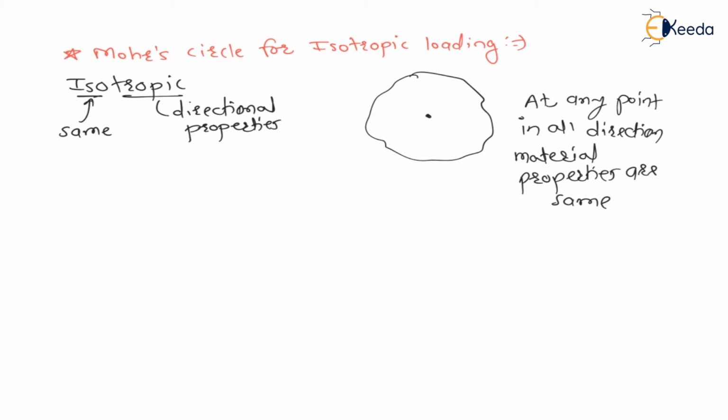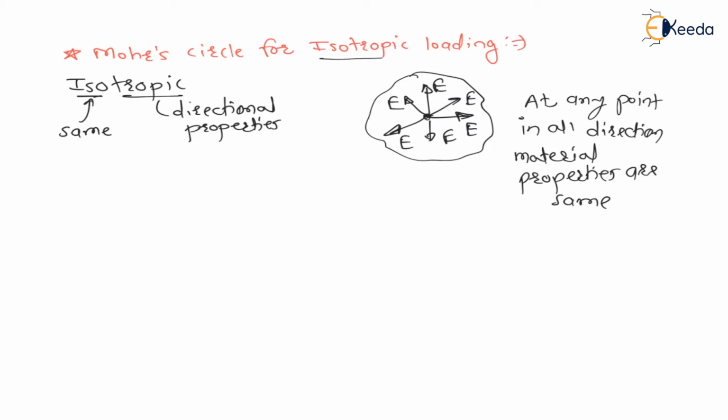Now at this point, if I consider Young's modulus along the x-axis, or along the y-axis, or along the z-axis, or along any inclined axis, you will find the same value. As Young's modulus is a material property, any material property is the same at a point in all directions, such materials are called isotropic materials.